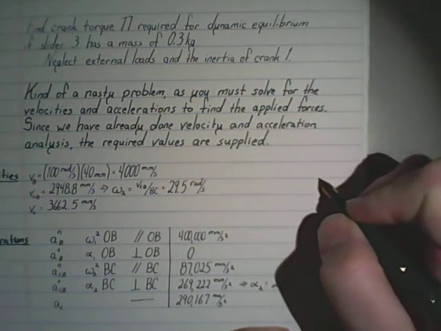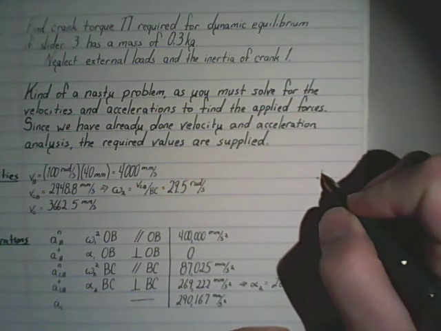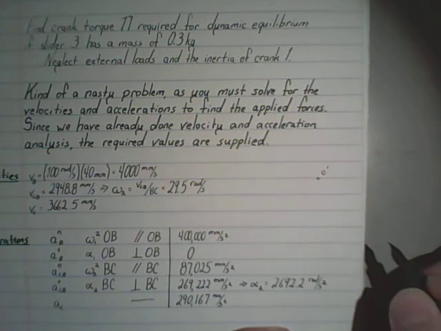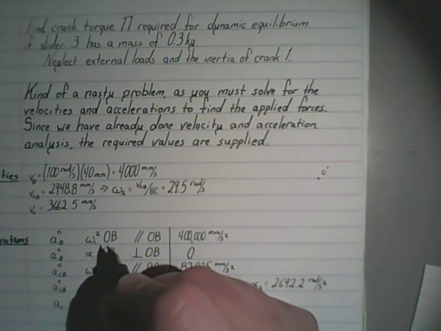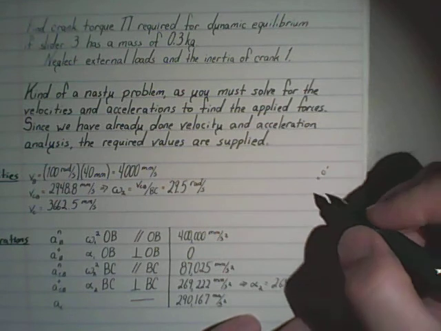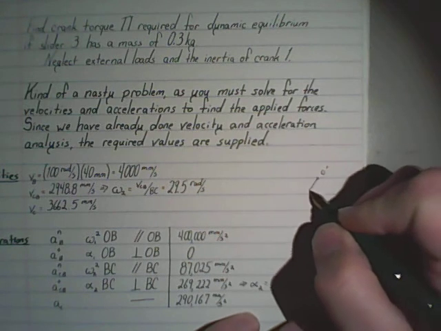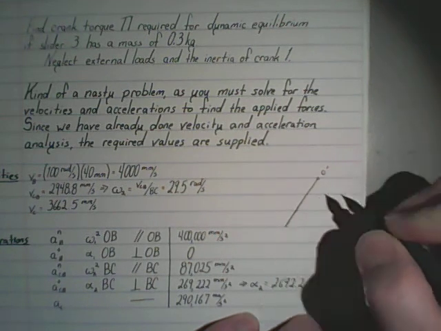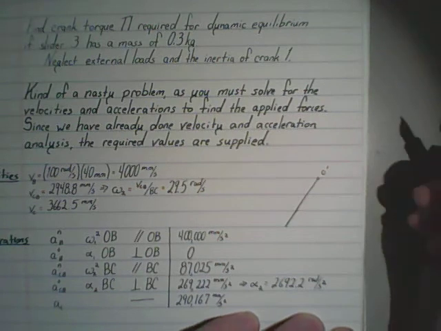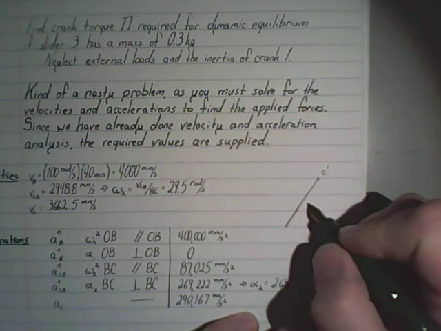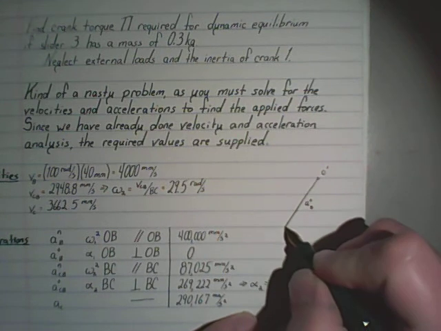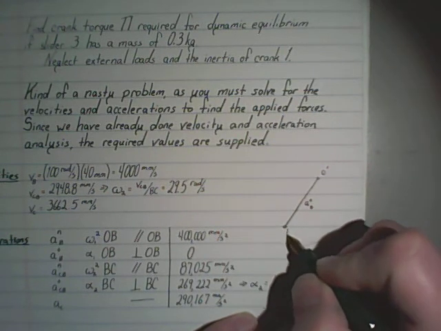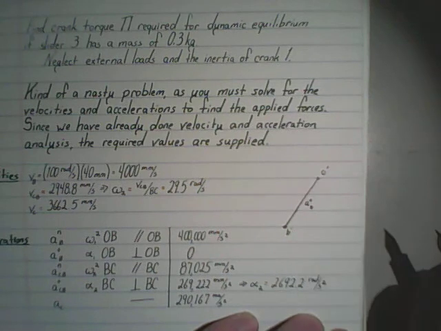As you recall, for an acceleration polygon, we take a fixed point, generally labeled O prime. We would draw then the normal acceleration for point B with a magnitude omega 1 squared times the length of the crank. That's at 45 degrees based on the setup of the problem. It's going to look something like that. There is no angular acceleration of the crank, so we only show the normal acceleration of point B, and that defines for us the total acceleration of point B. I'll label that B prime.